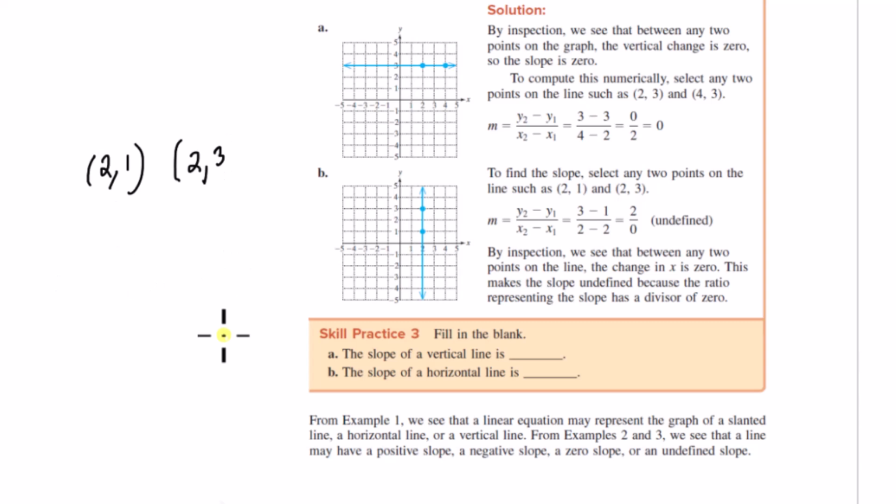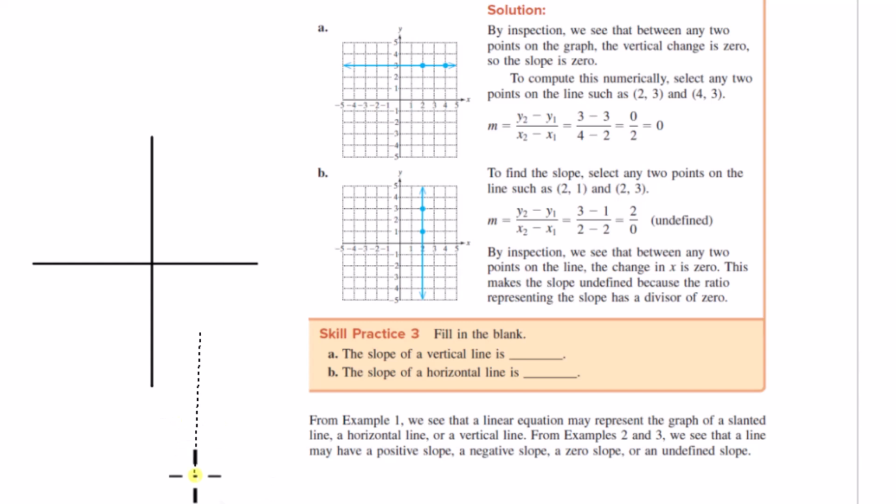Now, we can get some intuition behind what the slope of a vertical line is if we think about a line that's just barely tilted off vertical. If we think about calculating the slope of a line like this, then if we just move a little bit off the line in the x direction, we're going to still have to go a relatively large amount to get back to the line.